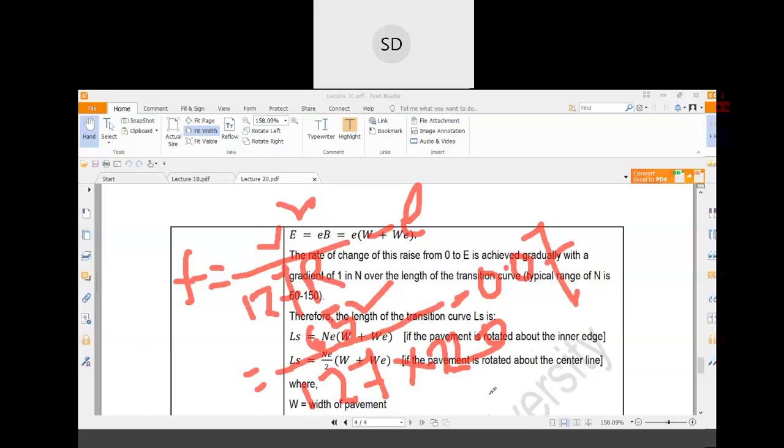By this, you will get your coefficient of lateral friction value as 0.08. Now, this value is well less than your 0.15 limiting value. Therefore, you can say that a super elevation rate value of 0.07 is very much safe and you can accept that value.